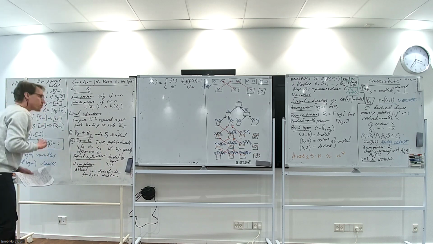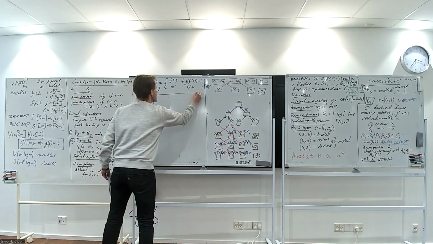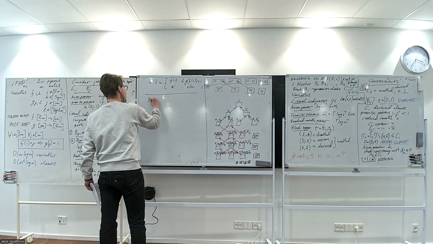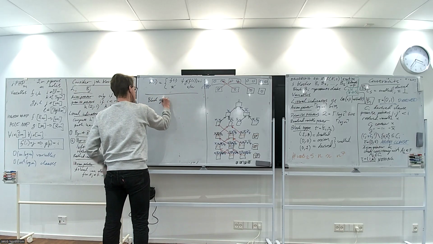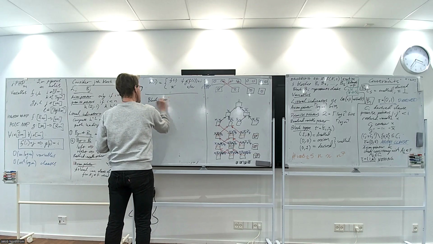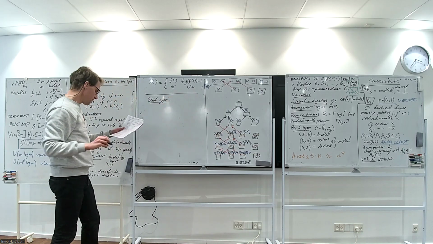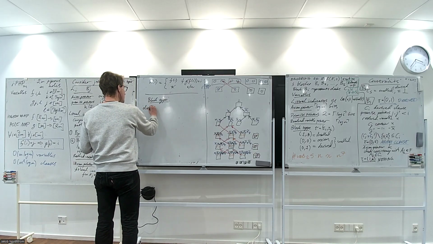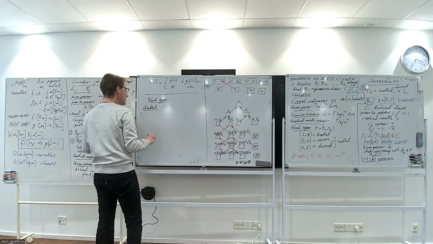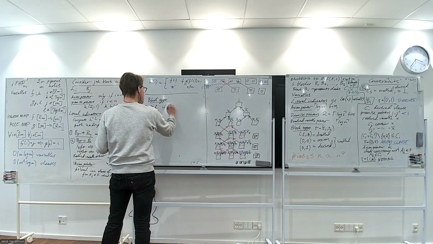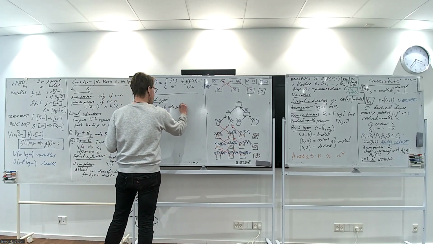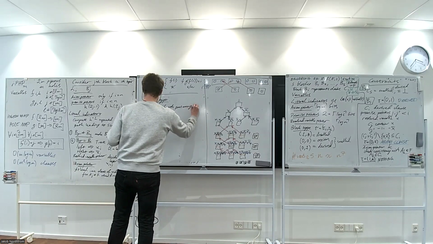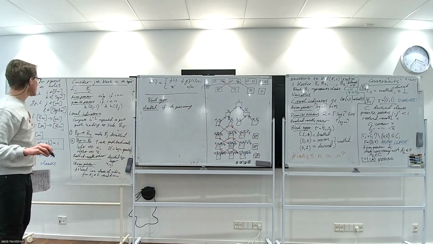And now the block type is going to be the following. The block is going to be disabled if something goes wrong. What is it that can go wrong?